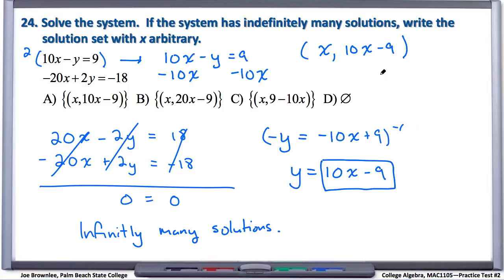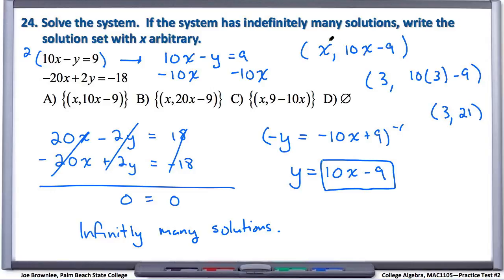How about we say x is 3. So if x is 3, to get the corresponding y value, we need to plug in 3 right here where we see x. So we have 10 times 3 minus 9. Well, 10 times 3 is 30, and 30 minus 9 is 21. So when x is 3, the corresponding y value would be 21.